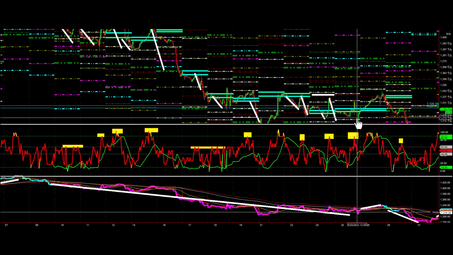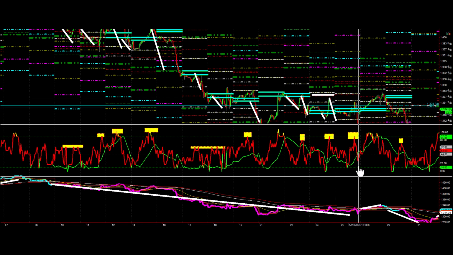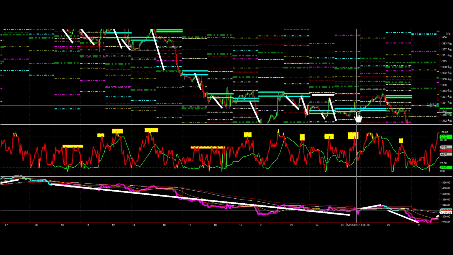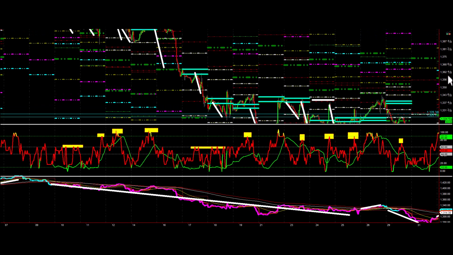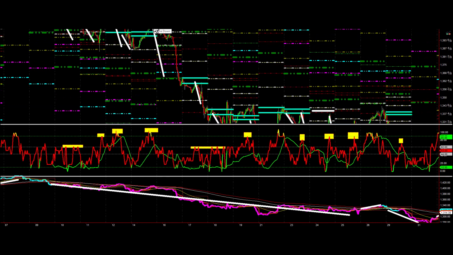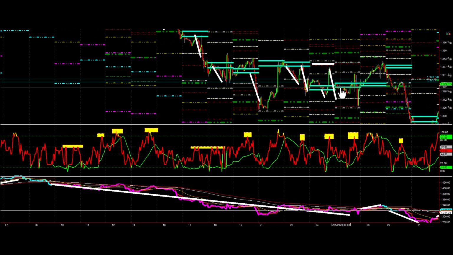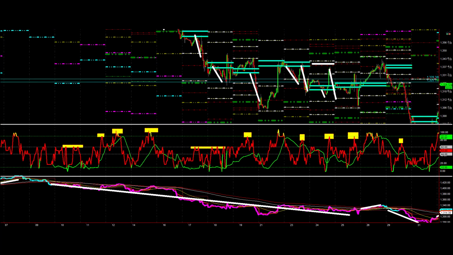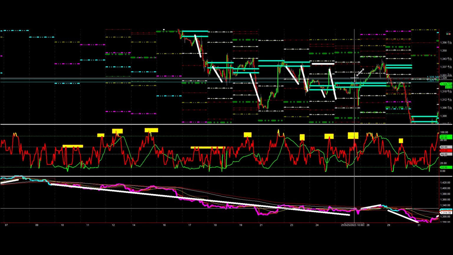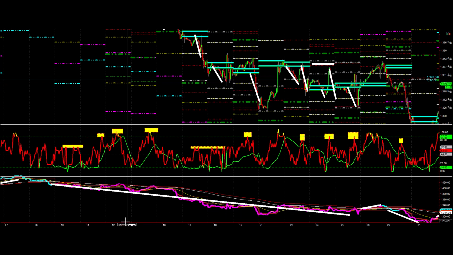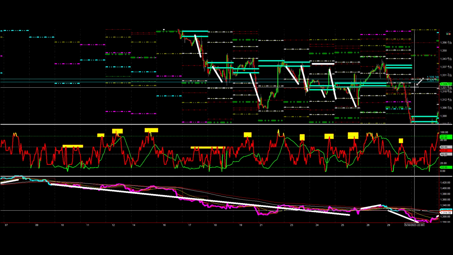Same thing happened here, right? We want to still go short. Right here, short a little bit and short a little bit. Yes, it's not about getting stopped out once in a while.